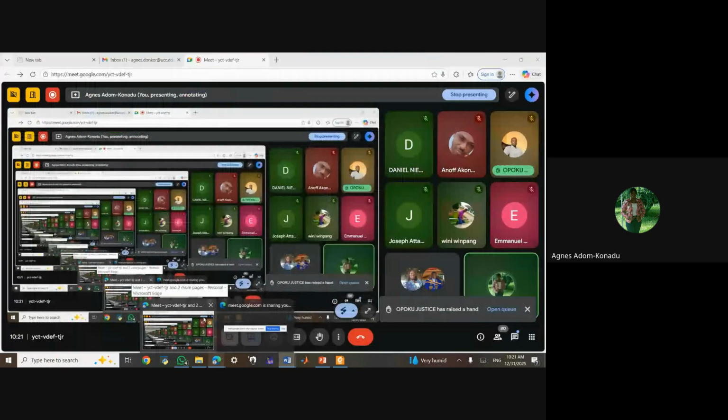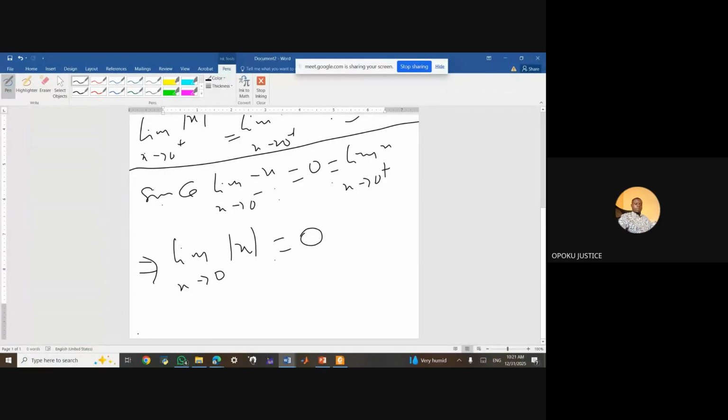Yeah, Justice. Madam, please, I'm getting a little bit confused. I want to know if the limit at the left hand side is the negative one, then the one at the right hand side is the positive one. The right hand side is the positive one, and the left hand side is the negative one. Oh, okay.